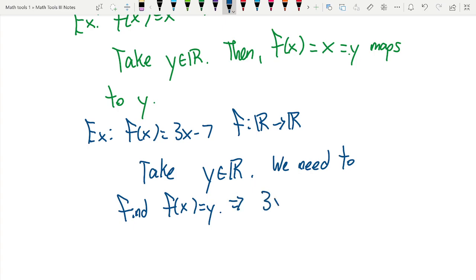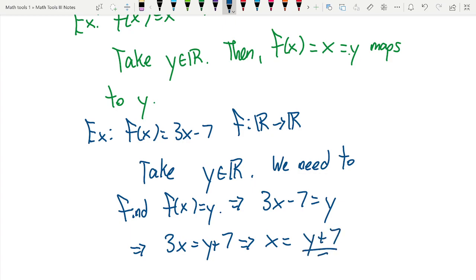Which would imply that 3x minus 7 equals y. Well, this would imply that 3x equals y plus 7, which would imply that x equals y plus 7 over 3. Kind of the same property as when you're doing inverse functions, when you're finding them.